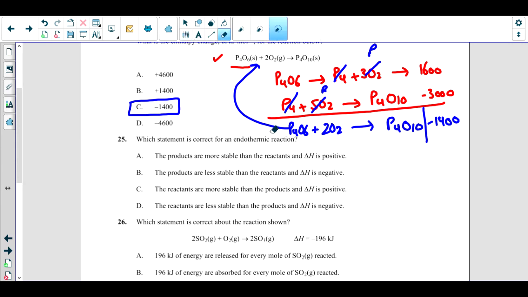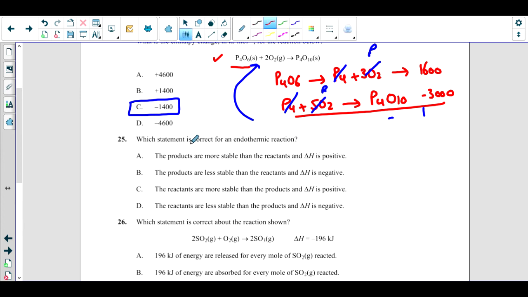We have a question based on endothermic reactions: which statement is correct for endothermic reactions? The products are more stable than the reactants and delta H is positive. It is true that delta H is positive, but this is not true because they absorb energy from the surroundings, so the products are energetically less stable than the reactants.